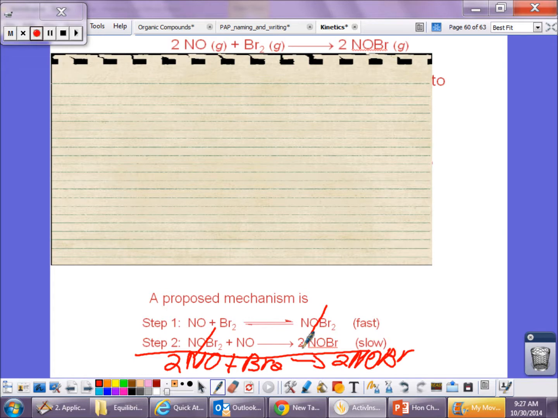Let me define one term that I said at the beginning. I will repeat it. The slow step is called the rate determining step. The reaction rate is determined by the slow step. When you get up in the morning, you cannot get out of that house faster than the slower person. So the slower person is the one that determines how fast you can get out of this house.